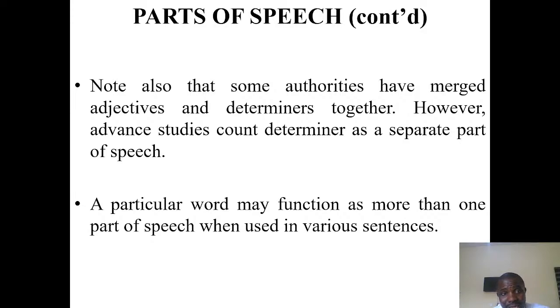For instance, in the following sentence, "the beautiful girl is here," I underline "the beautiful girl." What is the function of "the"? What is the function of "beautiful"? What is the function of "girl"?